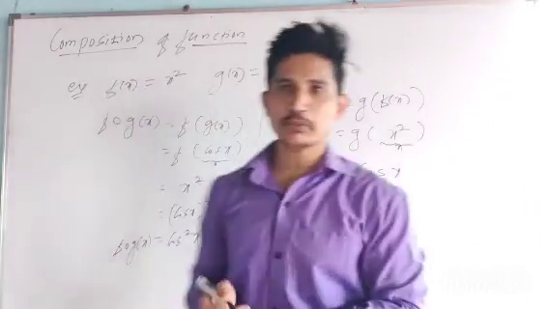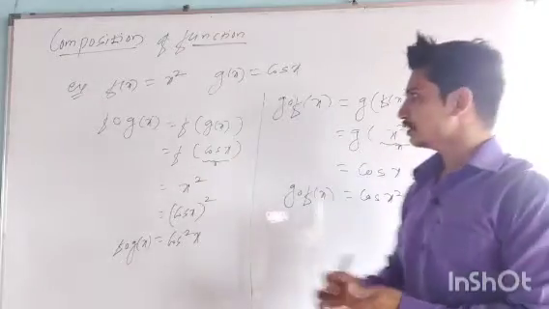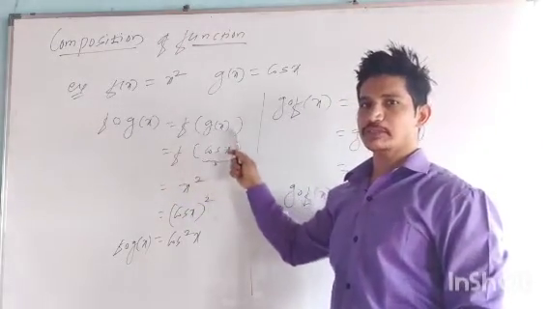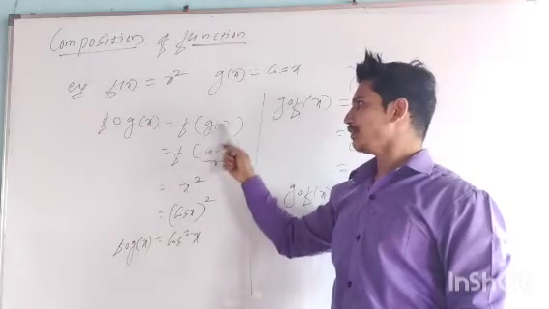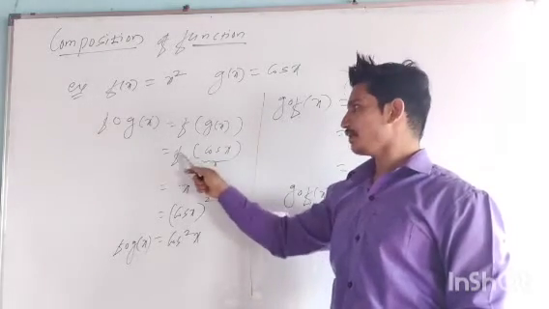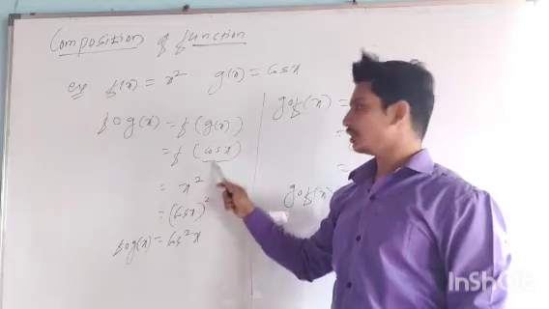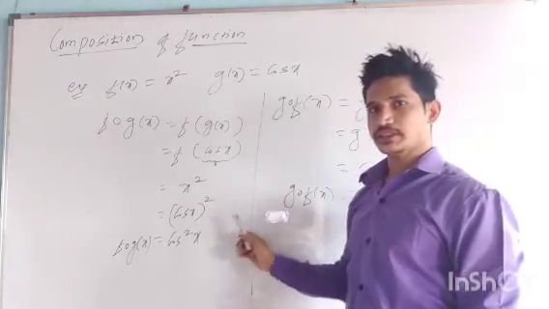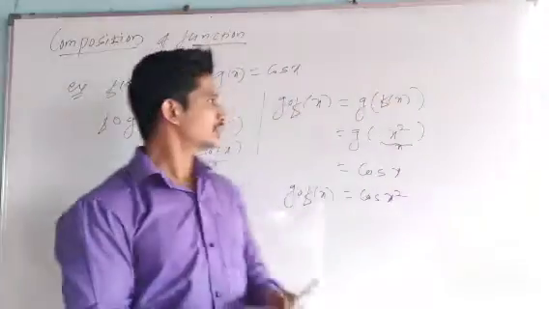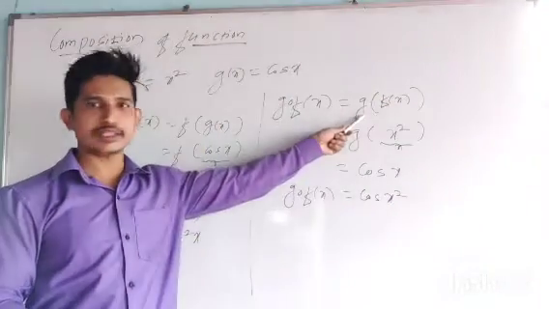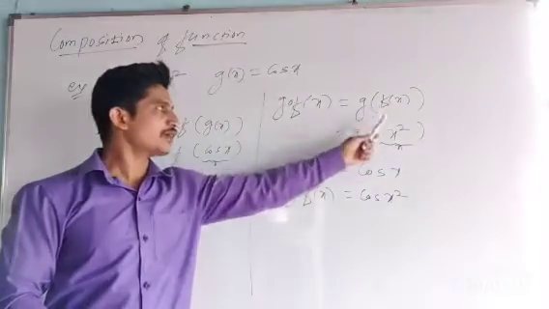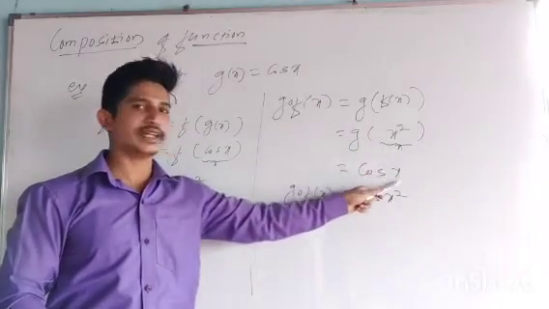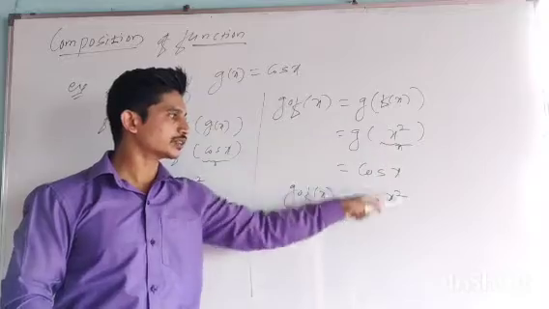Okay, so compare both now. Here, f composition g is f, with g of x in bracket. g of x is cos x, f of x is x square, so cos x square means cos square x. Now here g is outside, f of x in bracket. f of x is x square, g of x is cos x, where x is there, write x square.